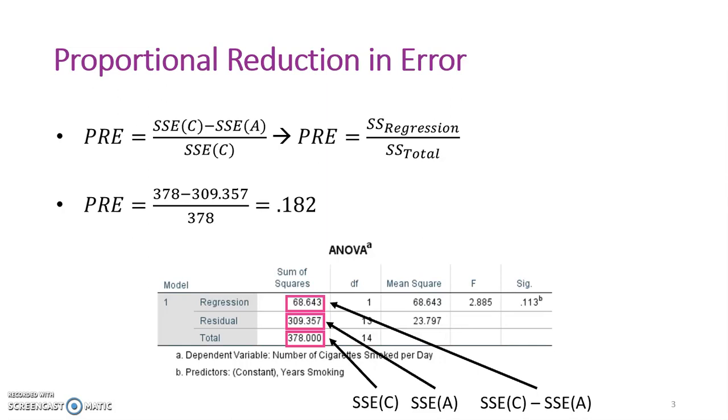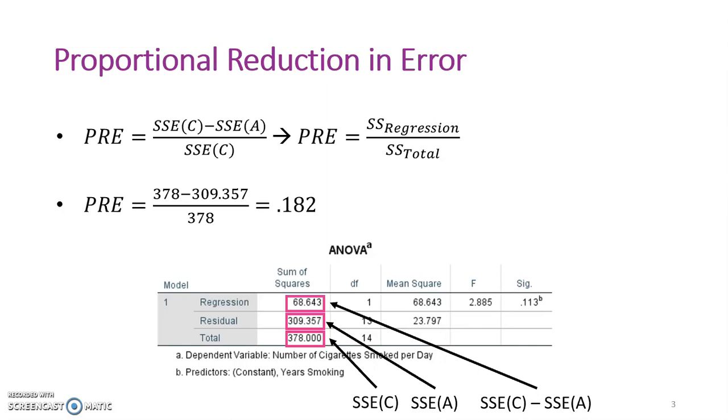And so this is kind of the largest error value that we work with, and they get smaller from here. The middle row, or the residual row, is the sum of squared errors for the augmented model. Okay, so the sum of squared errors for the augmented model is also known as the sum of squares residual. And this is where we find that information.